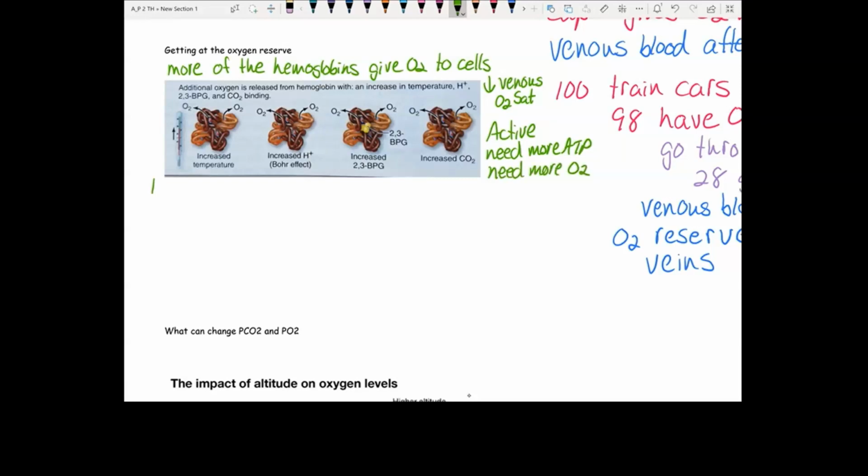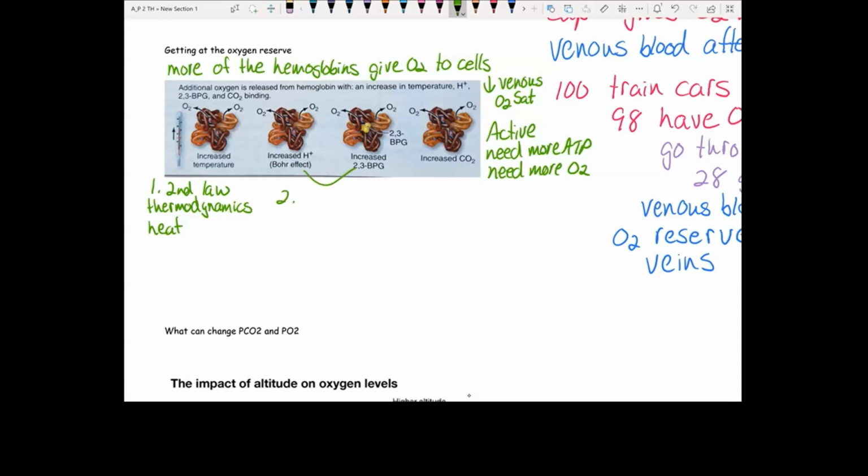Okay, the first one, think about the second law of thermodynamics. If you forgot that, look back at page 73 in your book. When you exercise, you produce heat. And that heat stimulates more of the hemoglobins to let go of their oxygen.